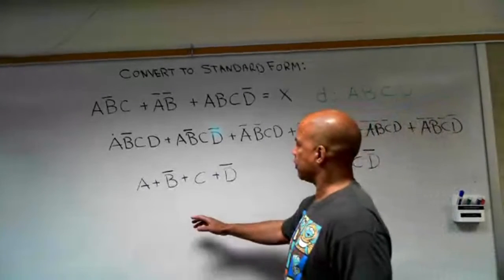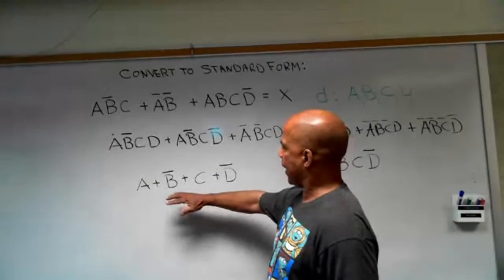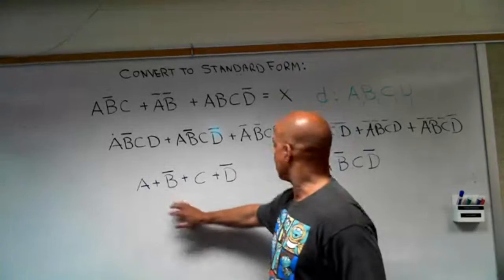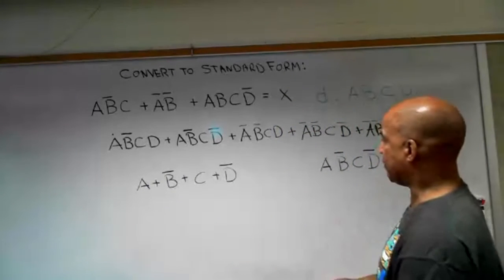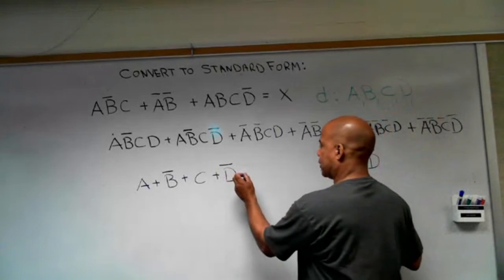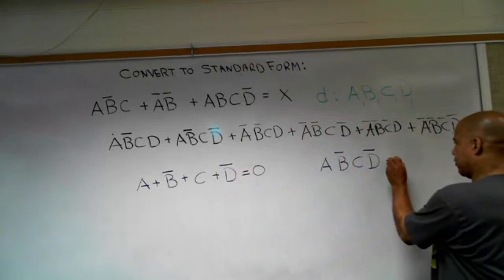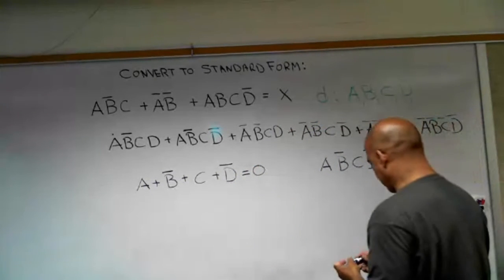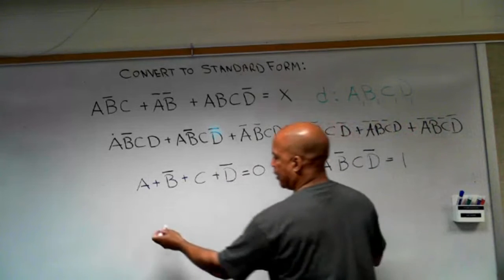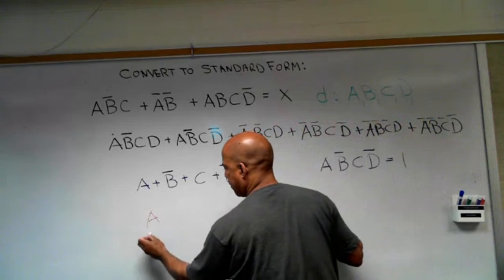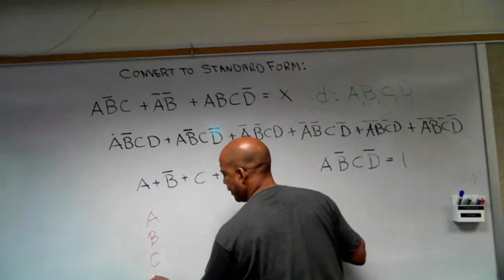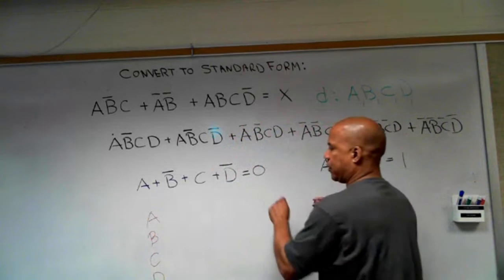Okay, so what I was trying to say was I have a sum term and I have a product term, and we said by definition, a sum term is going to evaluate to 0, and a product term is going to evaluate to 1. So what I want here is the value of A, B, C, and D to make this statement true.